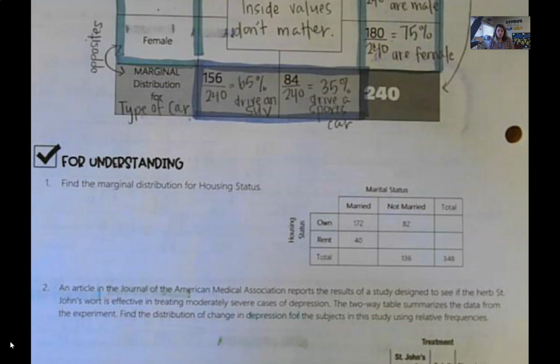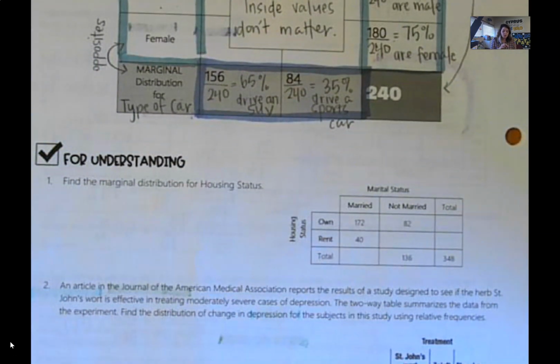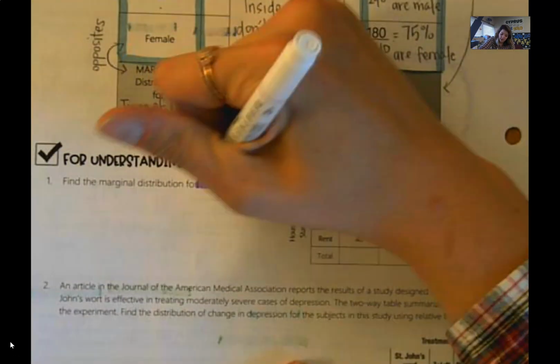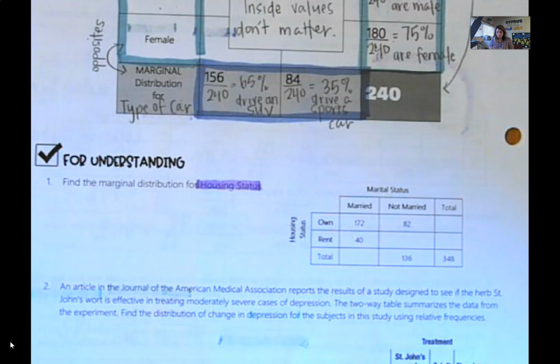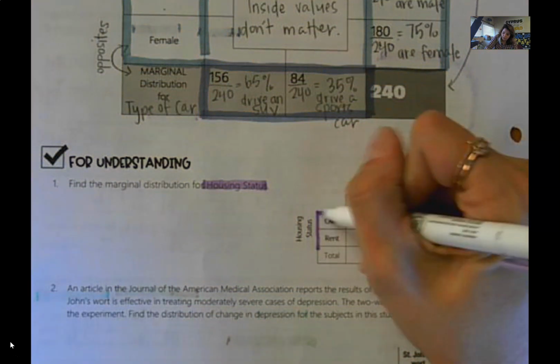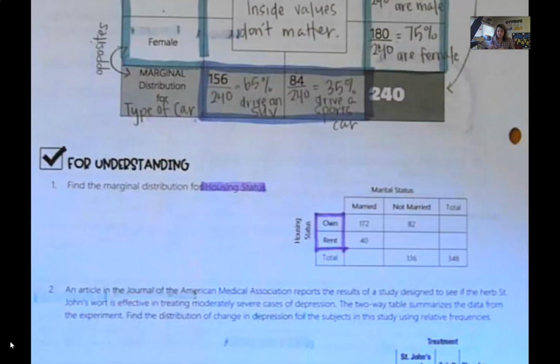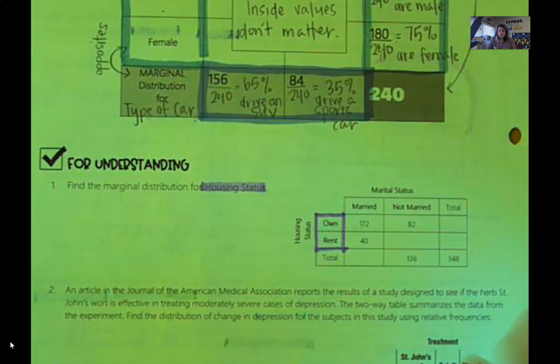Okay, so number 1, find the marginal distribution for housing status. So they're explicitly telling us we're finding housing status. So what I'm going to do is in my table, I'm going to highlight housing status. And then I know that I am looking at the totals across from that.